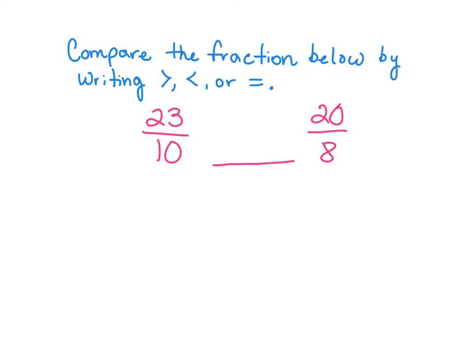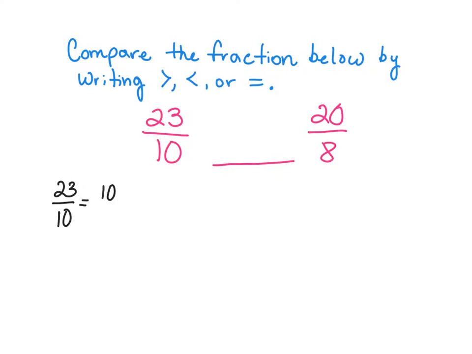Compare the fractions below by writing greater than, less than, or equal to. So we have 23/10 is greater than, less than, or equal to 28. So we have them as improper fractions, fractions greater than 1. So we have to make them into mixed numbers. So what I'm going to do is take 23/10 and break this down to give us a mixed number.